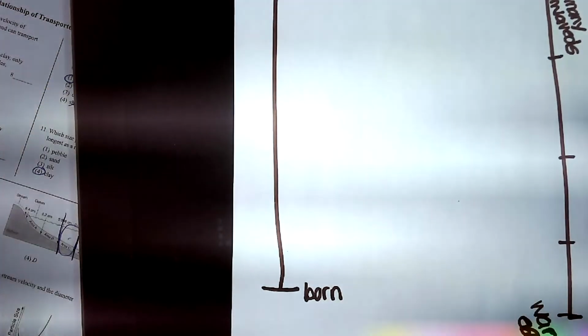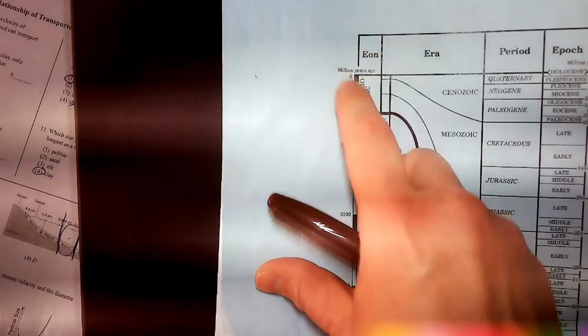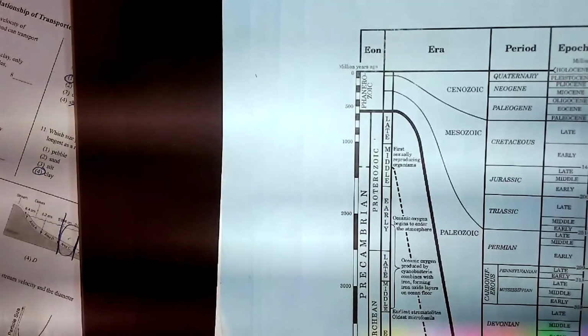So this timeline is broken up a little different. But it's still just a timeline with important details in between. So I see a few of you labeling this. That sounds like a really good idea. I would put up here where it says 0 million years ago, I would label that today.